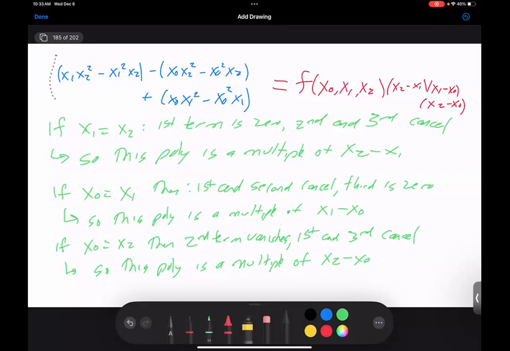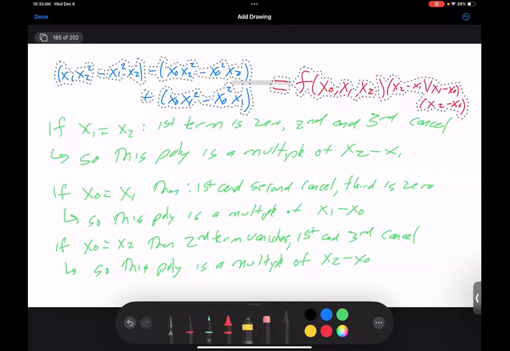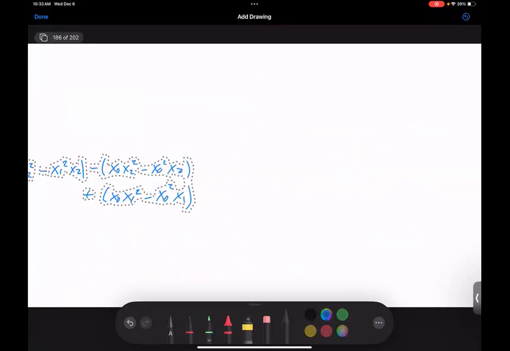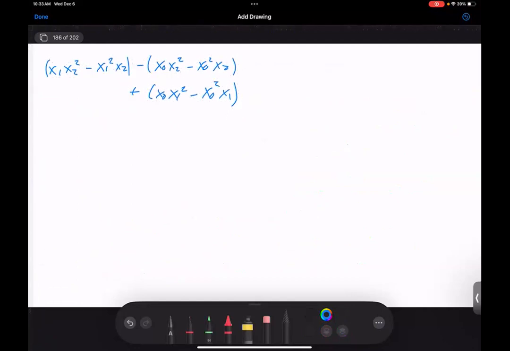Now, if we can trust Mathematica, it tells us that that function f has to just be the constant function. So this is going to equal some function of x0, x1, x2, and I'm going to write it as a product over 0 less than or equal to i, strictly less than j, less than or equal to 2, of xj minus xi.